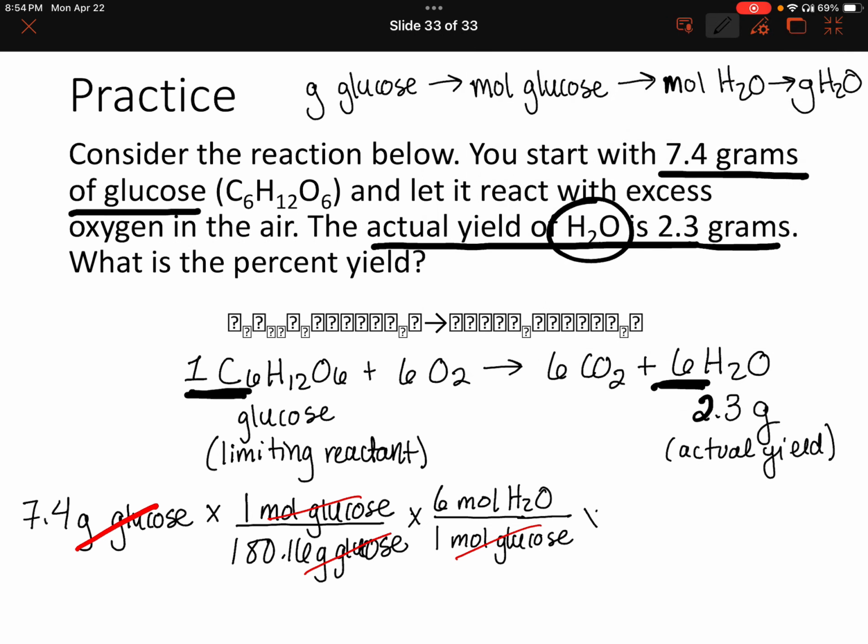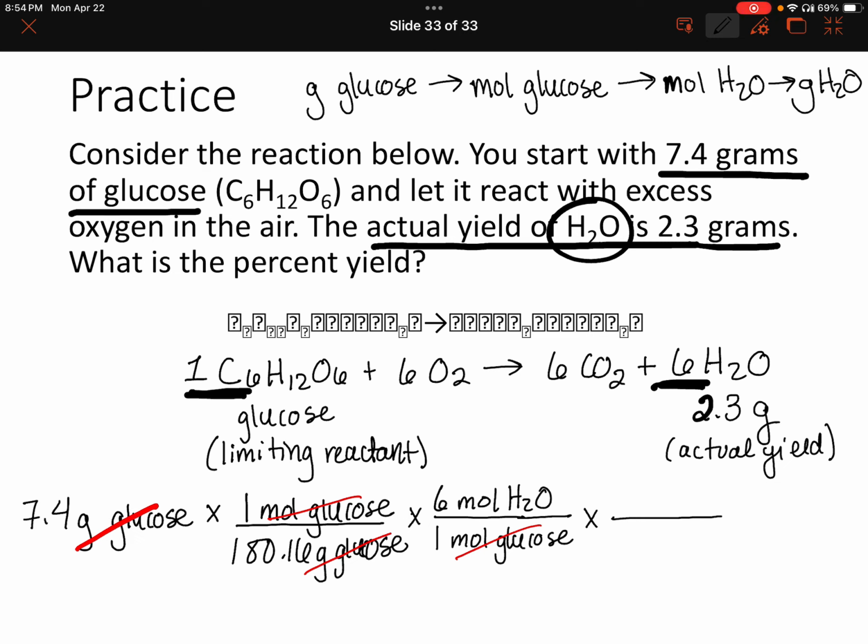And then in the next step, we want to convert moles of water into grams. So we need the molar mass of water. So see if you can calculate the molar mass of H2O. All right, so the amount I got was 18.02 grams for every 1 mole of water.